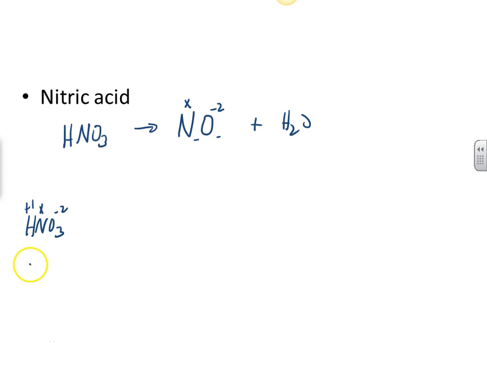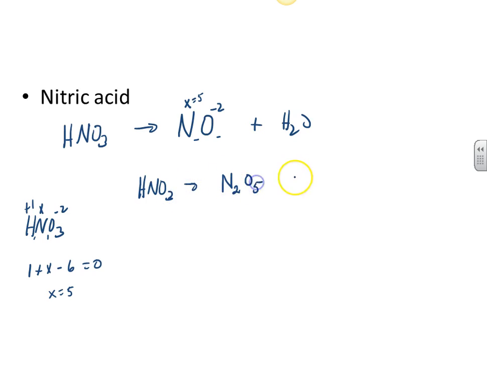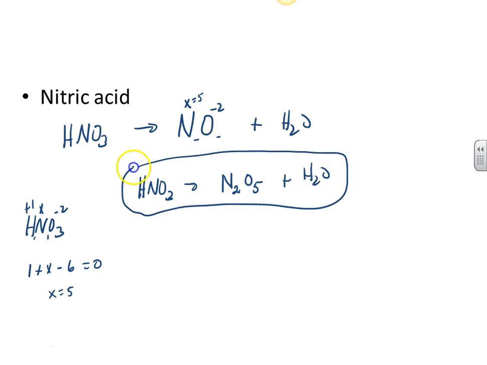So that's going to be 1 plus X, minus 6 equals 0, X equals 5. So that means nitrogen is 5. So that gives HNO3 breaks apart into N2O5 plus H2O. Final answer.